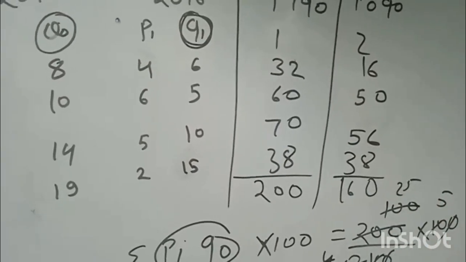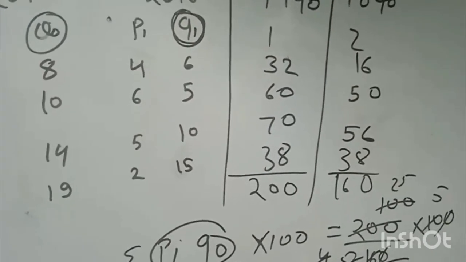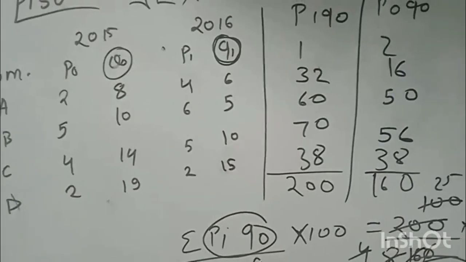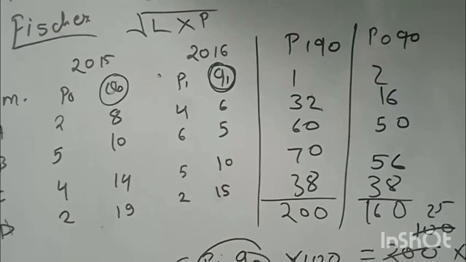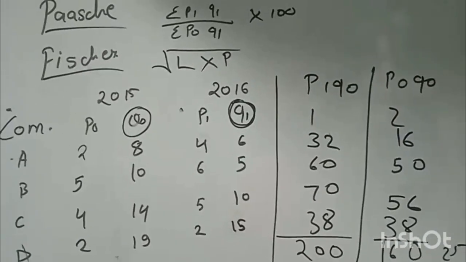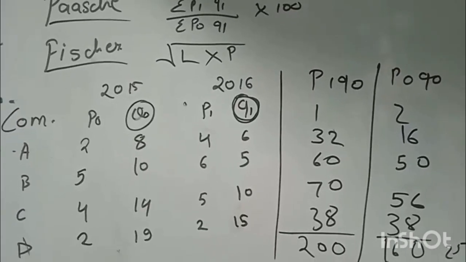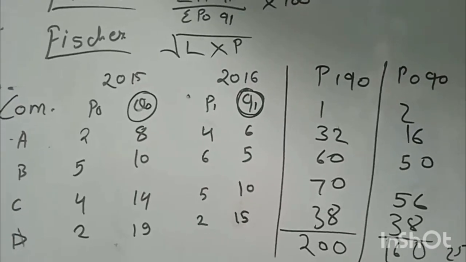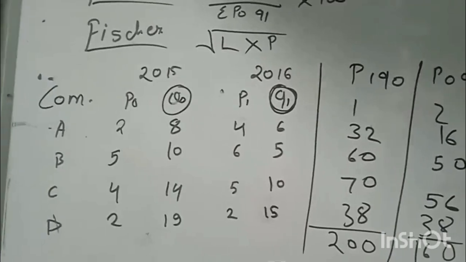Actually, when I don't speak, I can solve faster. So according to Laspeyres' method, the price has increased by 25%, because if we consider the base as 100, it will be 125. Okay.